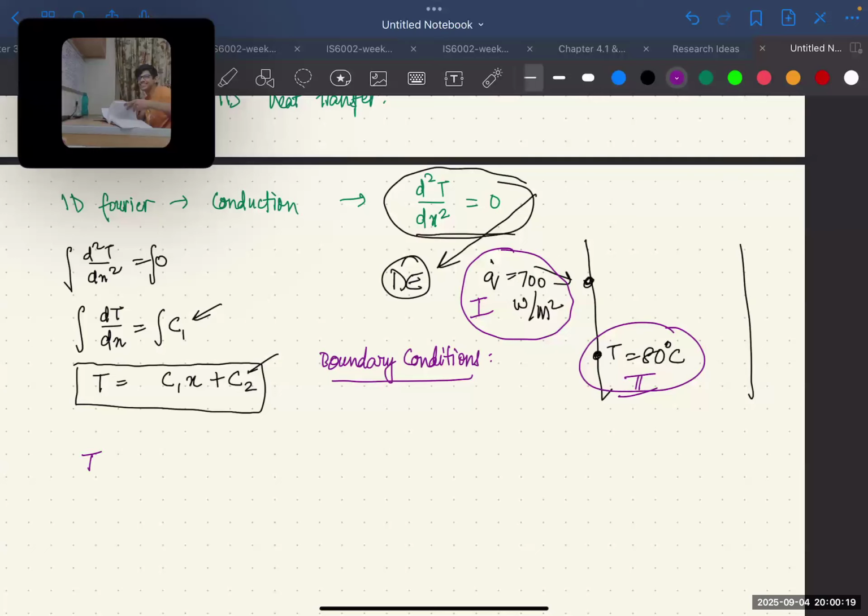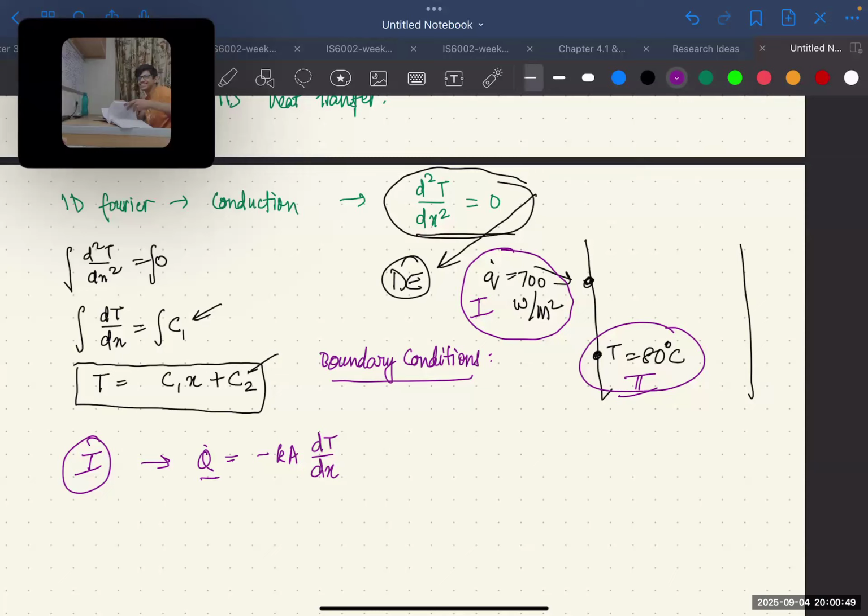So the first one is essentially again the heat conduction equation, which is q dot equals minus kA dT over dx. This is the simple heat conduction equation. In this, what do we know? We know q dot. Do we know k?